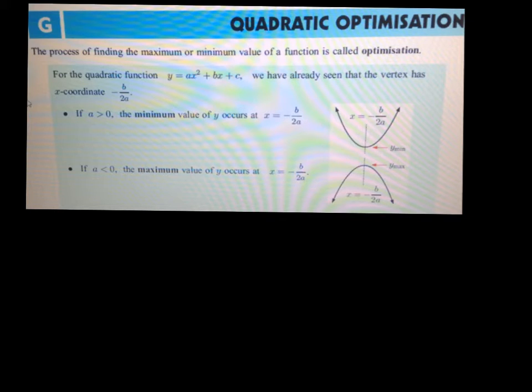So section G is on quadratic optimization, meaning find the minimum, find the maximum. And what we can do with this is use our completing the square or use this formula. We can find the x value of our maximum by negative b over 2a, or the minimum in this case, but you see the maximum is the same formula.